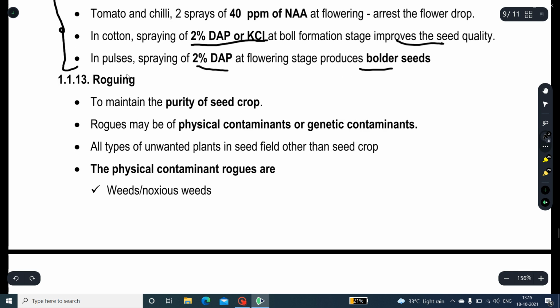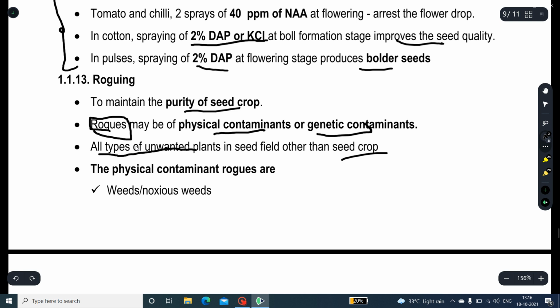And the next important operation to be carried out for seed crop by the grower in order to maintain the purity of the seed. It may be a physical contaminant or a genetic contaminant. Rogue is nothing but all types of unwanted plants in the seed field other than the seed crop. So these plants are removed.